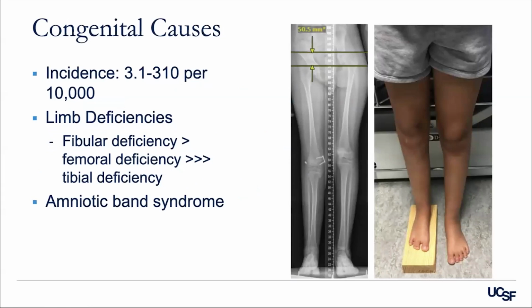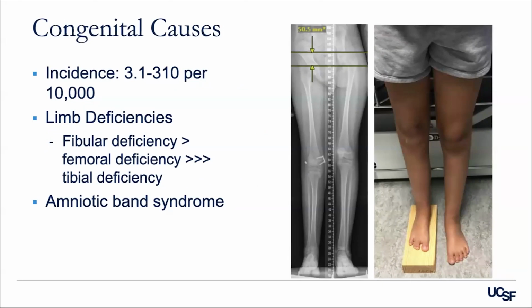So the incidence of congenital causes of limb differences has a wide range depending on the etiology. It can be anywhere from 3 to 300 per 10,000. Most of these are limb deficiencies, with the most common being fibular hemimelia or fibular deficiency, next common femoral deficiency, and then much less common tibial hemimelia or tibial deficiency.